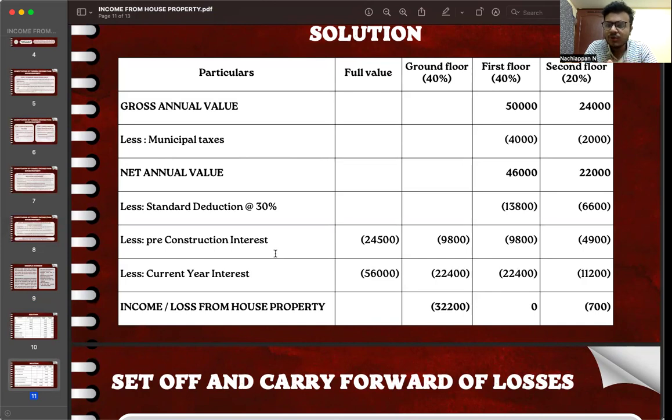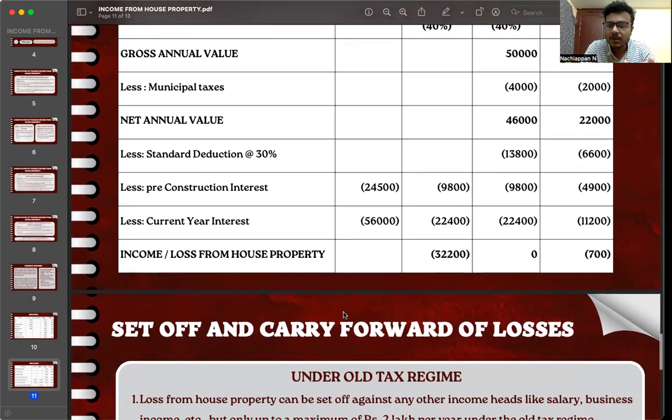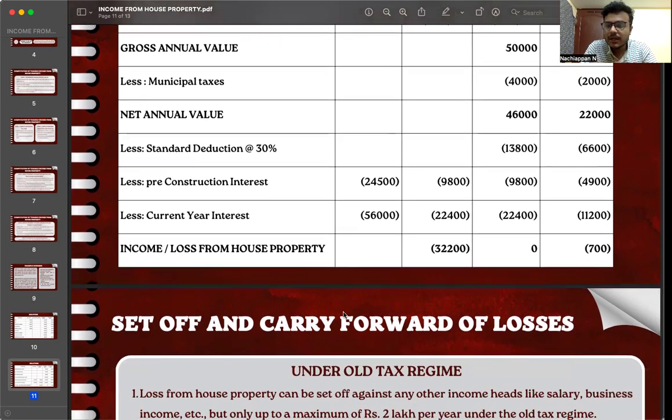And for the second floor, we have a loss of 700. Now, this 40-40-20 split is a good split if you're going to be building your house because you don't have to pay any tax on this. You'll only be getting a loss from your house property, right? You don't have to pay any tax from it. So here the total loss will be 32,900.